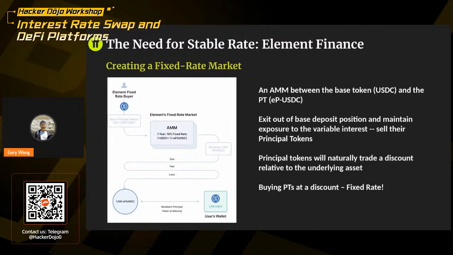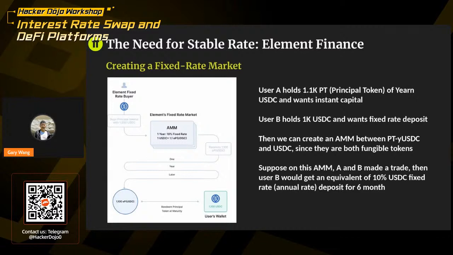So you have to wait 6 months. That's the price you have to pay if you hold the principal tokens. You will not lose the underlying USDC, but the capital efficiency is not as good as the original USDC. So the principal tokens will be traded at a discount. For example, in this figure, you can see that the principal token will be traded at 1 USDC equals 1.1 principal tokens. So buying principal tokens at a discount means a fixed rate.